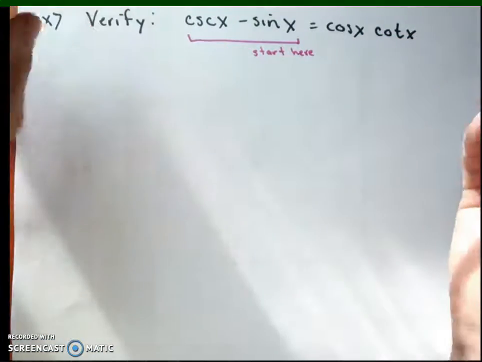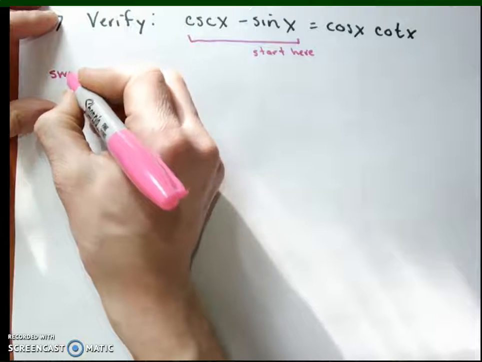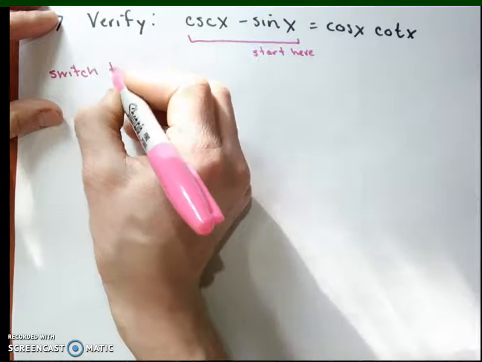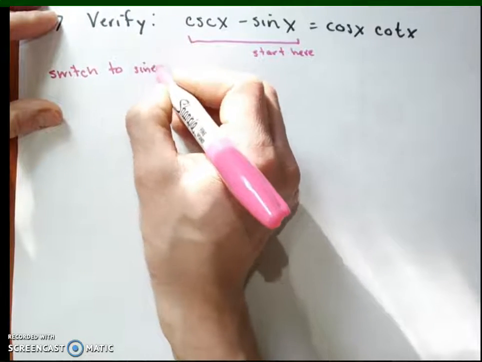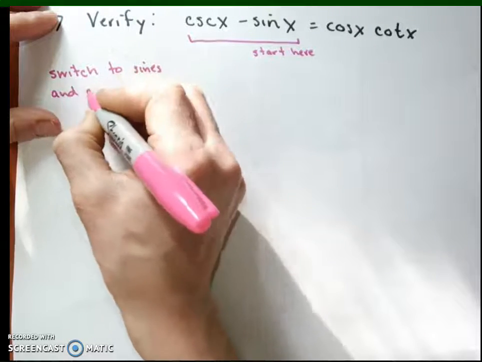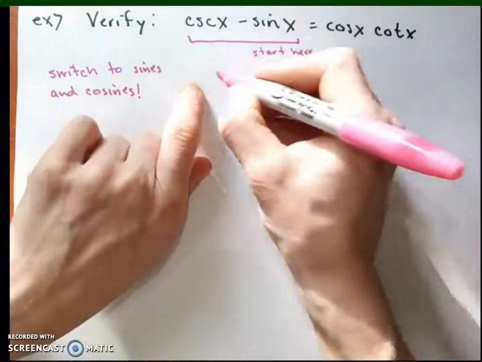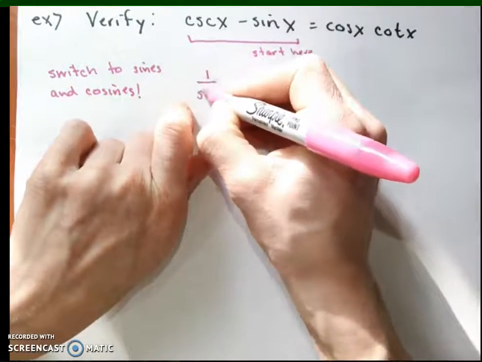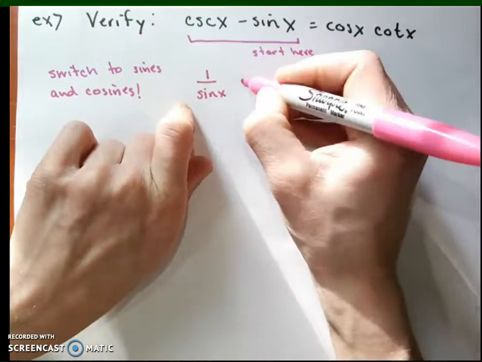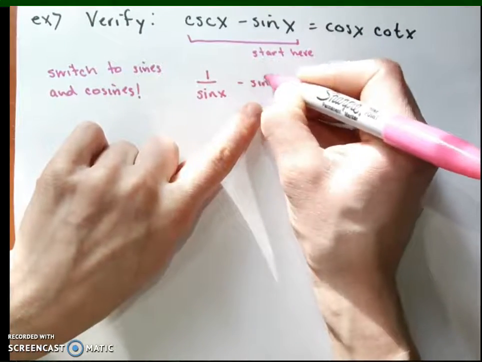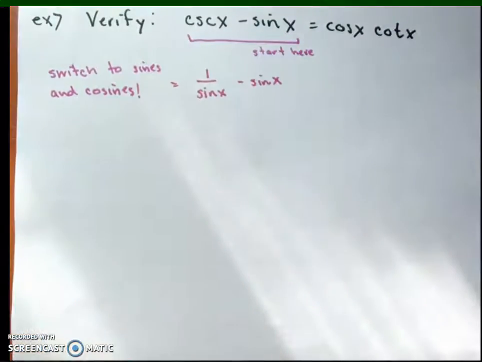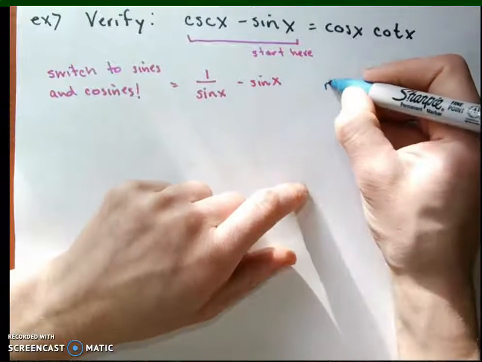So I can always switch to sines and cosines. So cosecant we know is the same as 1 over sine x, and then I'll have minus sine x. And that's just by the reciprocal identity.